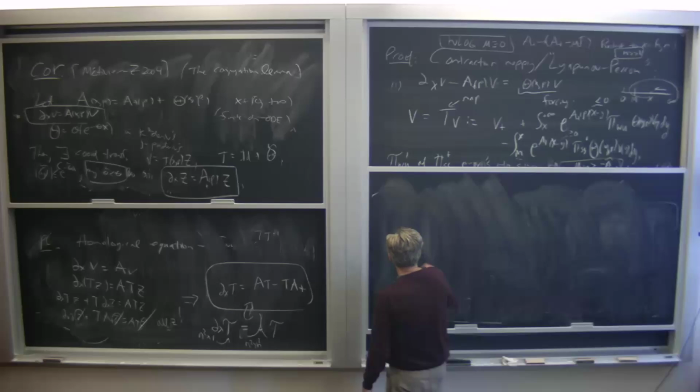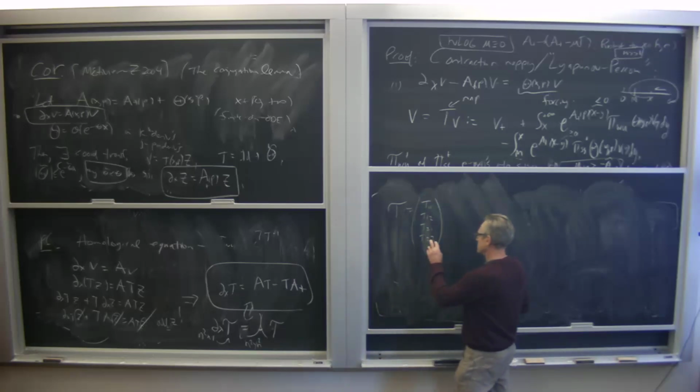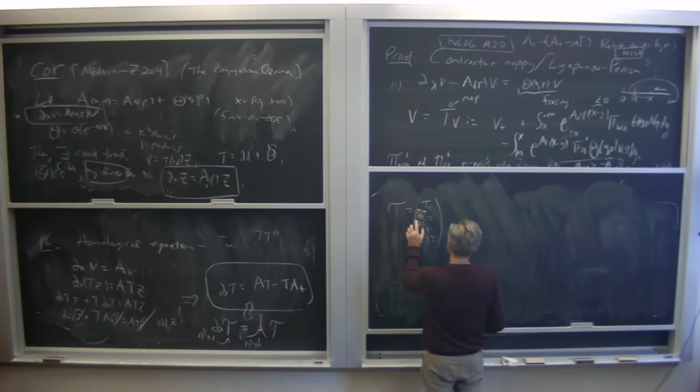Okay, so I'm going to take script T to be T11, T12, T21, T22. I want to just write the matrix in, oh no, I said I wanted the columns. Maybe it's easier with columns. So T11, T21, T12, T22.